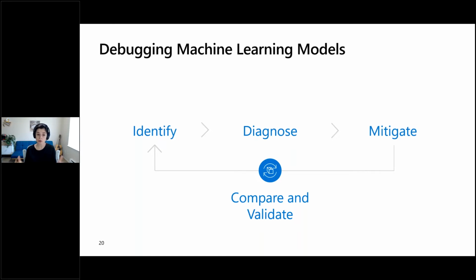There may be tons of reasons why the model is underperforming for that cluster. It may be because there is noise in the data, there may be noise in the labels, or it may be that the data is not balanced for that particular cohort. And we'll see some of these examples later on in the demo.